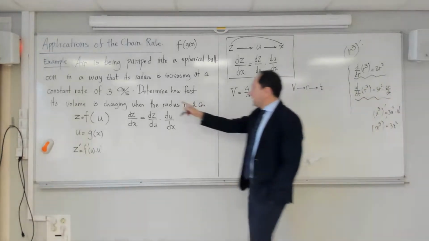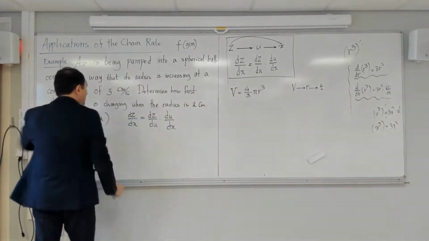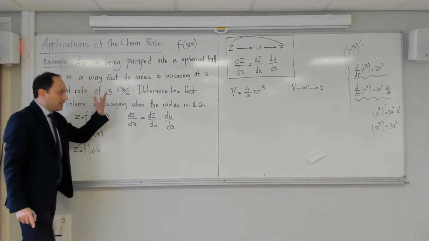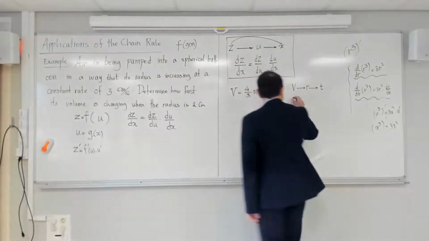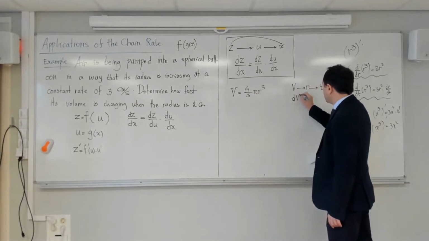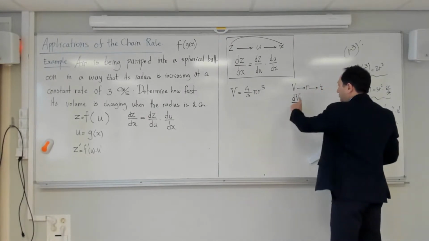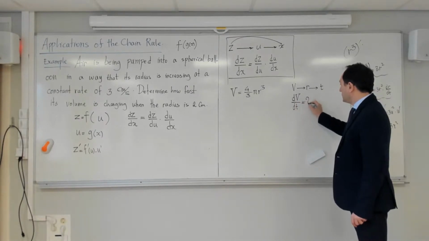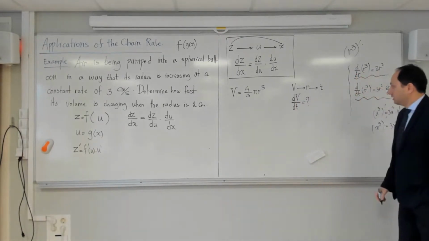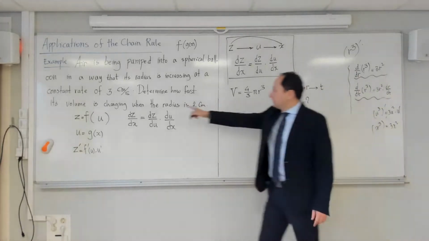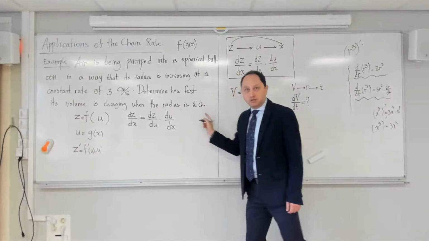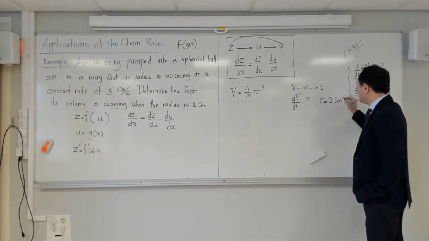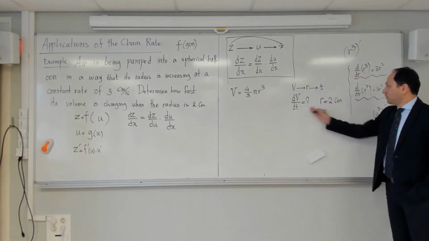And when I read the last sentence in the problem, determine how fast the volume is changing, it means that the question mark is how fast volume is changing. It means that I am interested in the rate at which volume is changing over time. This is my question mark. When the radius is 2 centimeters, the radius is given to be 2 centimeters.